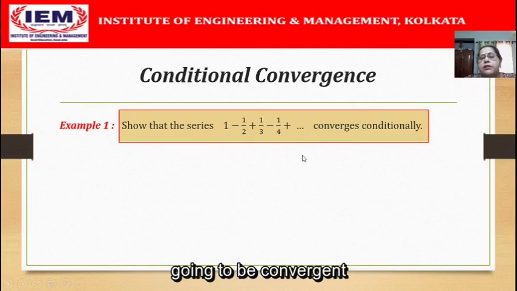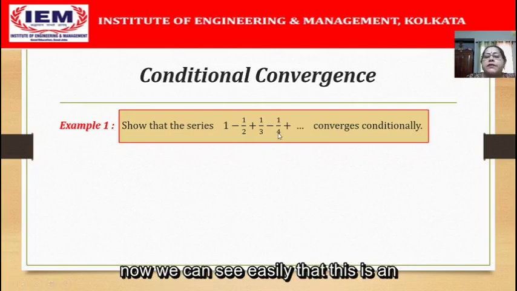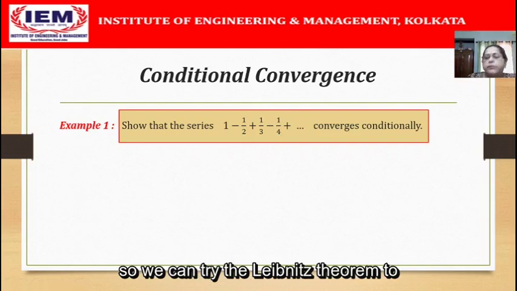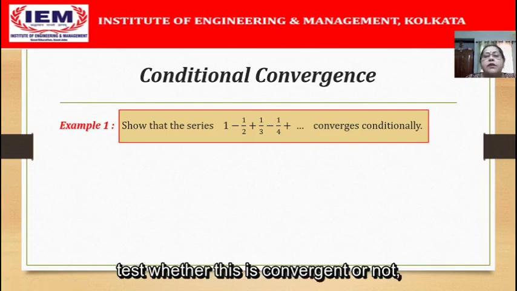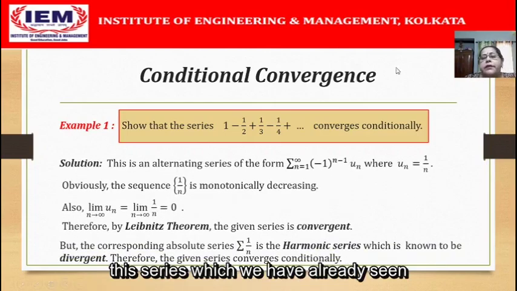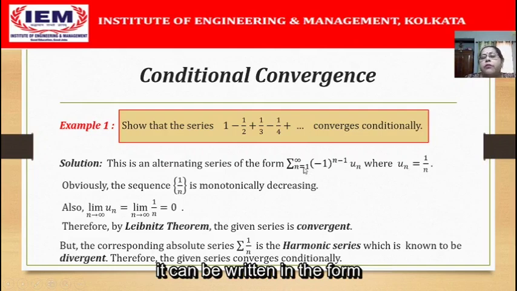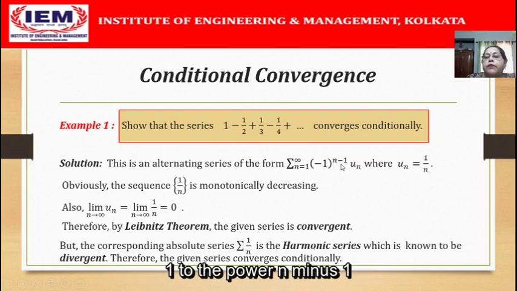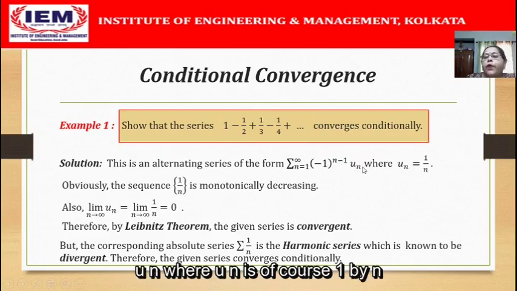Now, we can see easily that this is an alternating series, so we can try the Leibniz theorem to test whether this is convergent or not. This series, which we have already seen, can be written in the form summation n equal to 1 to infinity (-1)^(n-1) un, where un is of course 1/n.